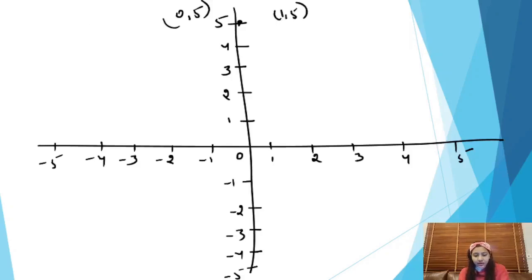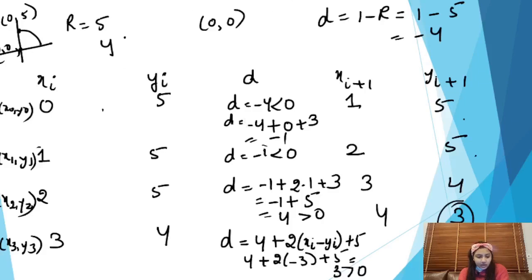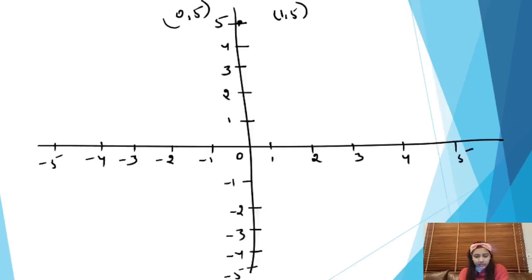The next value is (2, 5). (1, 5) is here, then (2, 5) is here.